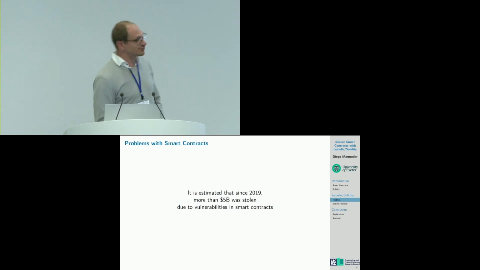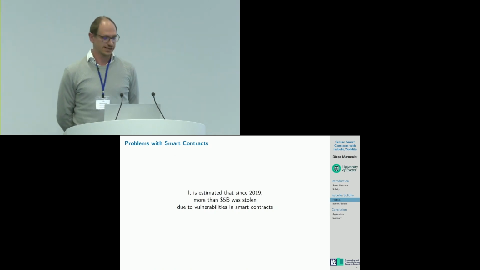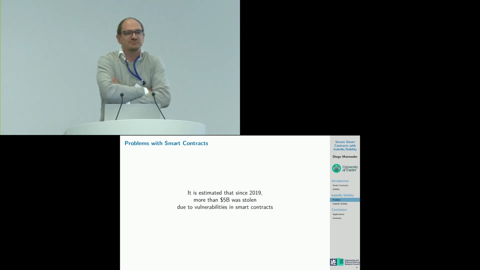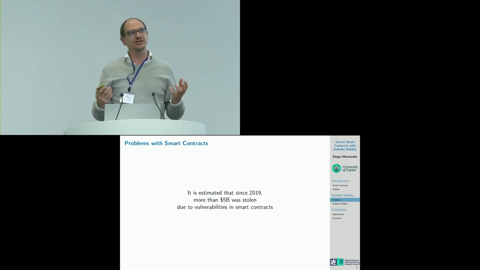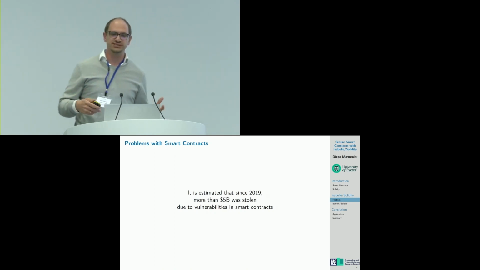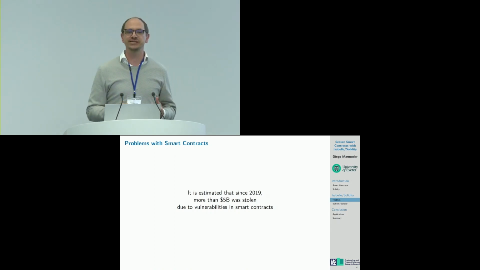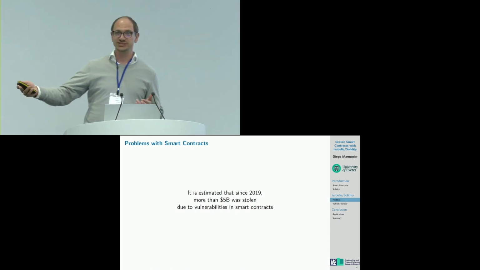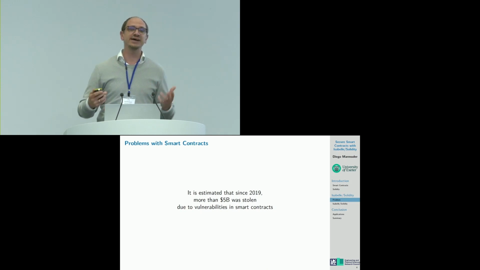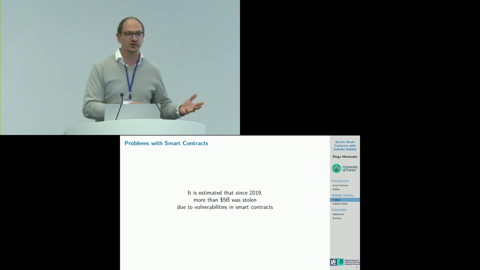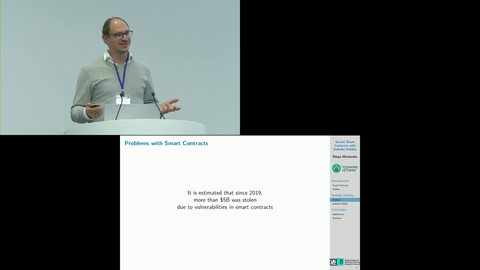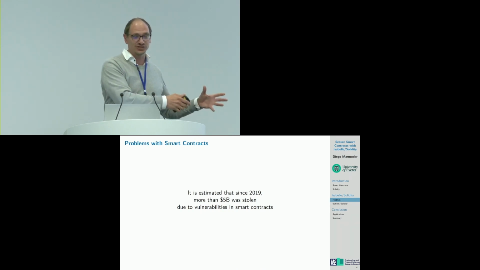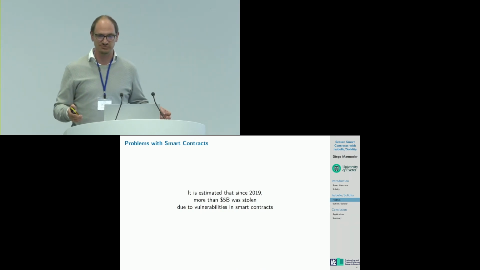Well, now what is the problem with smart contracts? As I've told you, smart contracts are basically just a particular type of program code which is deployed to the blockchain and executed by sending special transactions to it. And therefore, as you all know, since it's program code, it not only can contain bugs, but it usually does contain bugs.